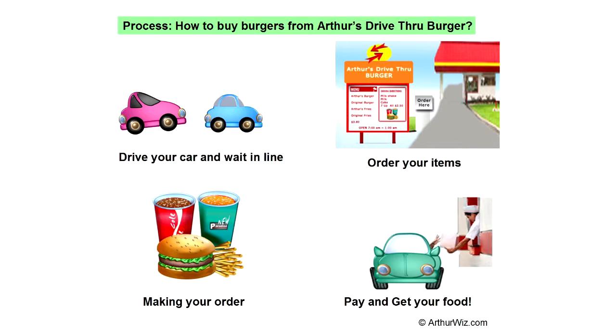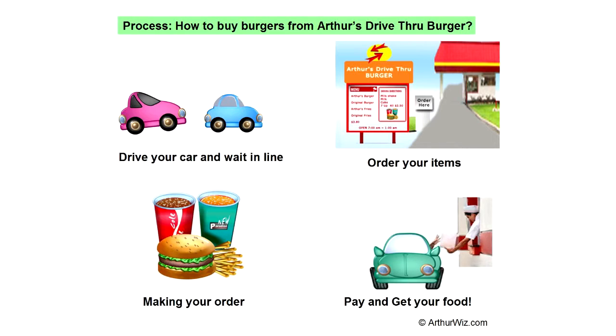Let's look at each step more closely. Let's try to focus on what's essential and who the main players are in each step. For the first step, waiting in line, the main players are of course you and your car.